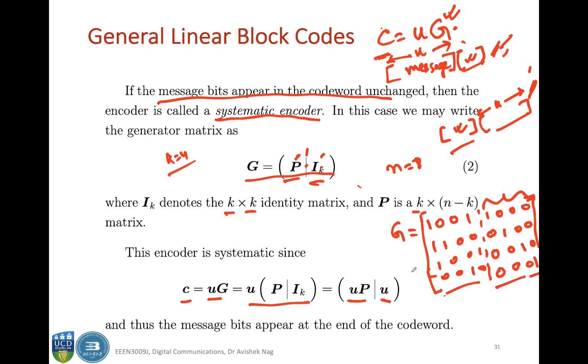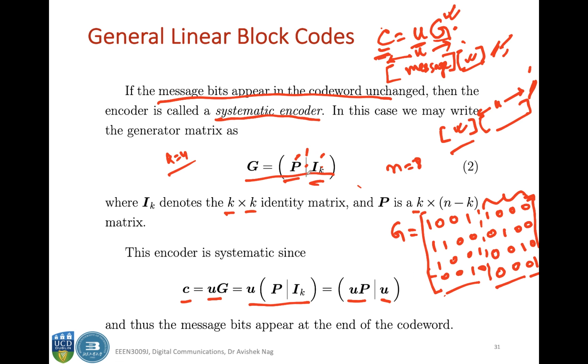So your G matrix will basically consist of only ones and zeros, because it's a binary matrix, and then you are multiplying your message vector with this matrix, and you are operating on this matrix in a similar way as you do matrix multiplication, but the only difference is that the addition here will be modulo 2 addition. So in that way you can generate the code word, which also consists of ones and zeros.